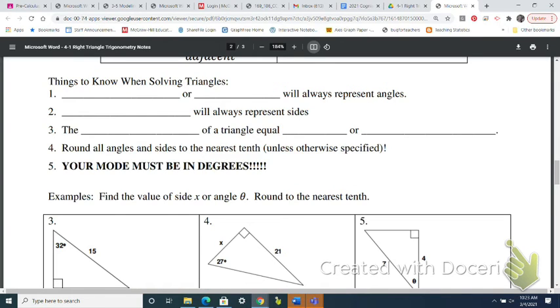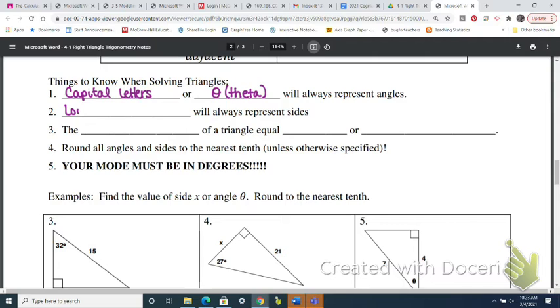So the things we need to know when solving triangles: capital letters, or theta, will always represent angles.